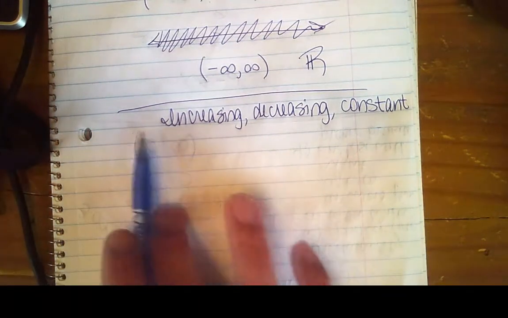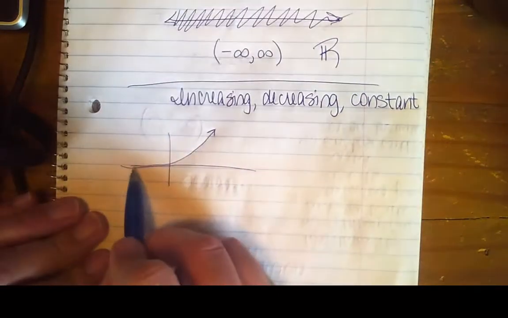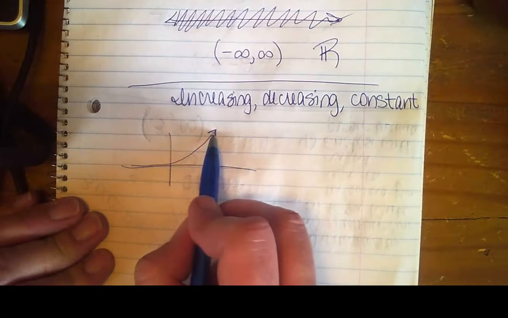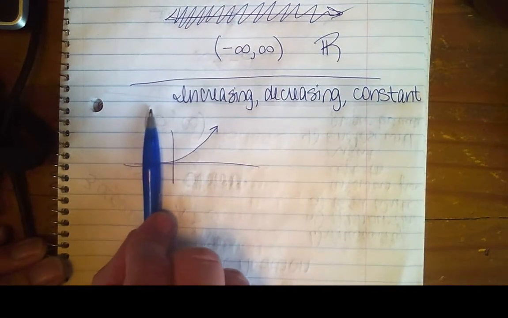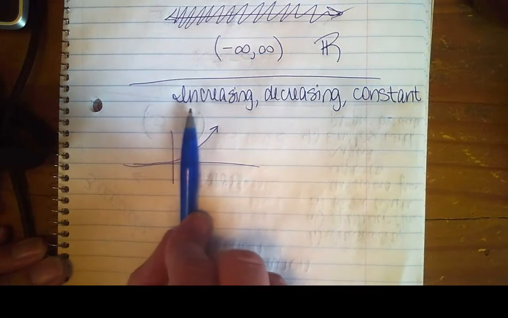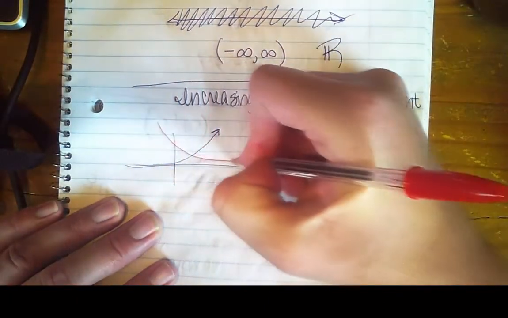The issue is you can only read it from left to right. So if an airplane takes off and it goes up, here's the runway and then it goes up and it takes off. If you read this from left to right, the plane is increasing. What happens if I do this one? Well, this one is coming in like this.